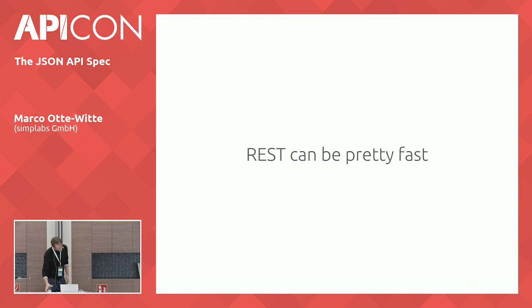So we saw that side loading mechanism in JSON API already that solves that for a lot of use cases. But also because REST builds on HTTP and all the feature set that HTTP provides, we get some performance benefits through that as well, actually.